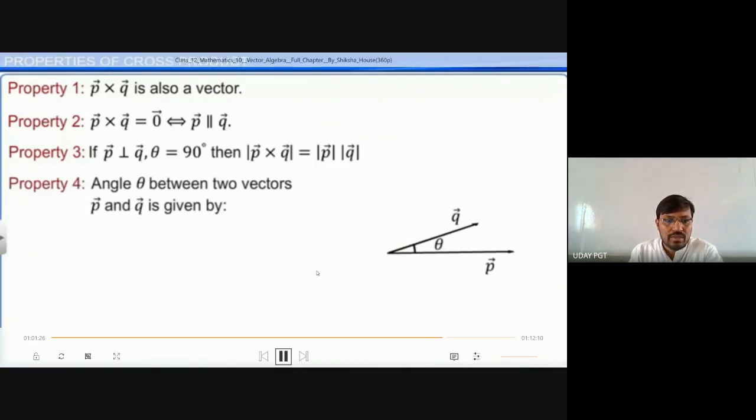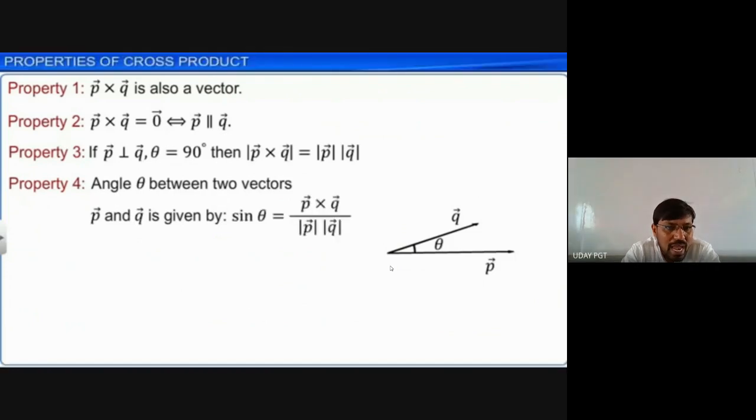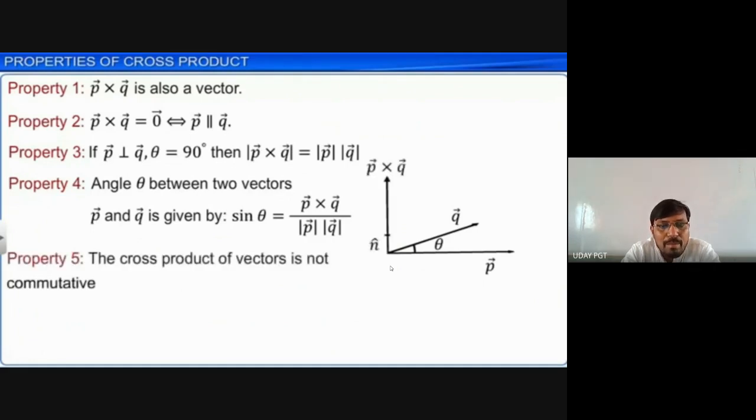Okay. So the angle theta between the two vectors is given to you. If the angle is given, and vectors P and Q are given, then if you want to find sine theta, it is the magnitude of the cross product divided by the magnitude of P times the magnitude of Q. Cross product is not commutative, because the commutative property does not hold.